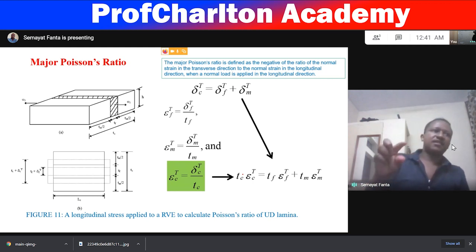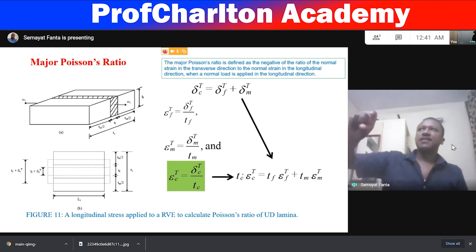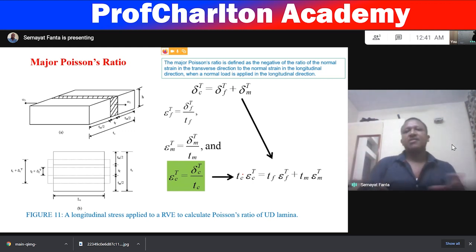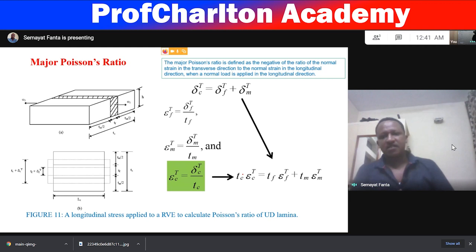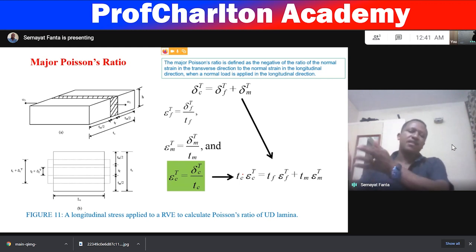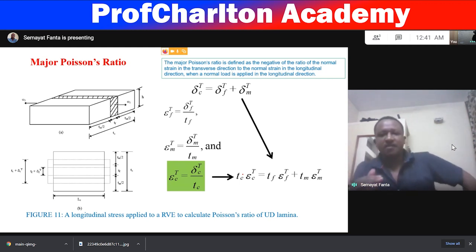The strain in the lateral direction is the change in lateral dimension over the original dimension of the specimen. So the negative of the strain in the lateral direction over the strain in the longitudinal direction is known as the Poisson ratio.